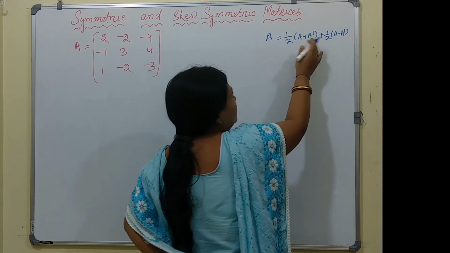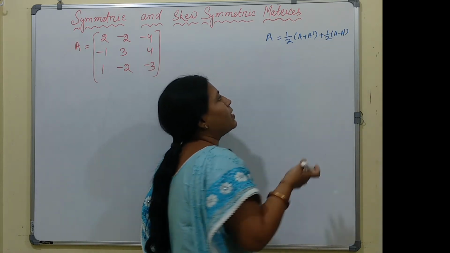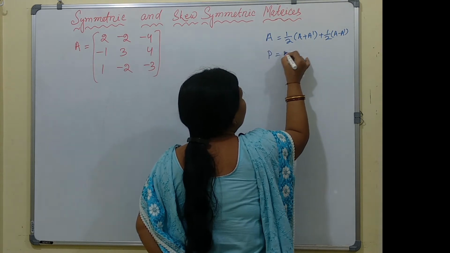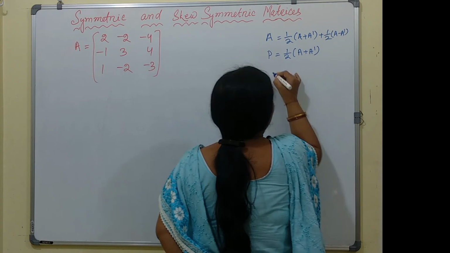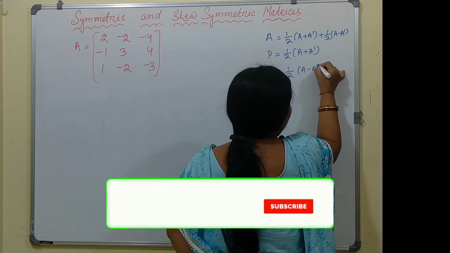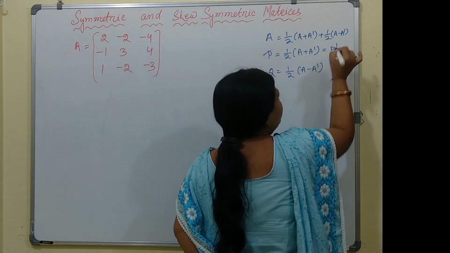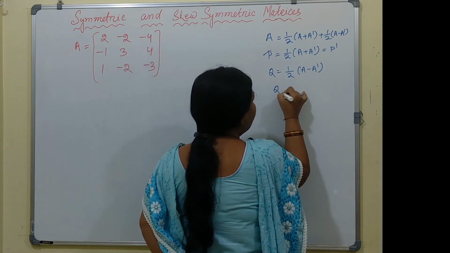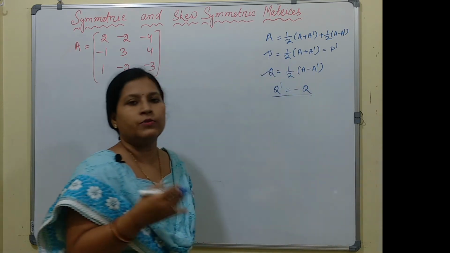Here half whole into A plus A dash is a symmetric matrix and half whole into A minus A dash is a skew-symmetric matrix. Let us take P is equal to half whole into A plus A dash and Q is equal to half whole into A minus A dash. If P is equal to P dash, then P is a symmetric matrix. If Q dash is equal to minus Q, then Q is a skew-symmetric matrix.